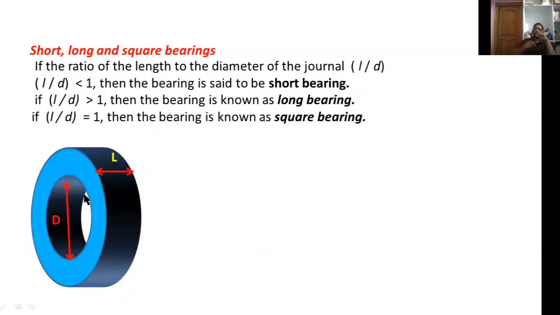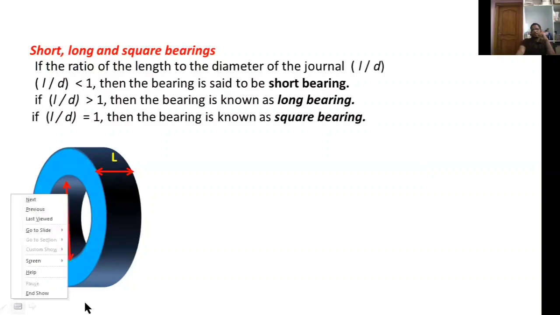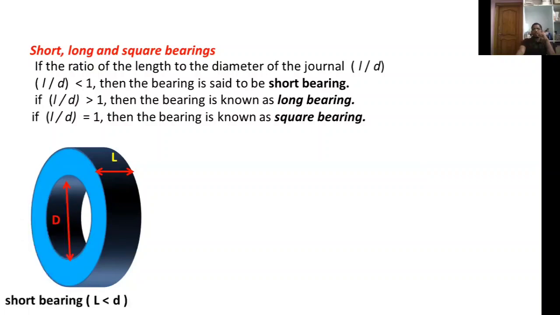So here this one is a short bearing. For short bearings, the diameter is greater than the length, so the length of the bearing is shorter than the diameter. Therefore the condition is L less than D. Here the length is small and the diameter is big.